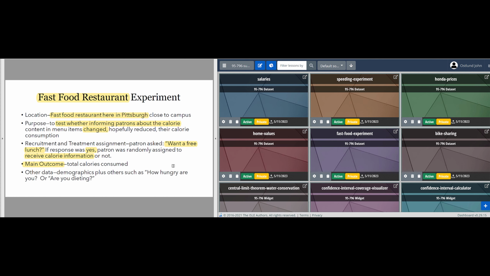Now, in addition to checking the lunch that the person actually obtained for calories, other demographic information was asked as well, such as, how hungry are you on a numeric scale? Are you dieting or not? What is your weight? What is your age? These kinds of other demographic things as well.